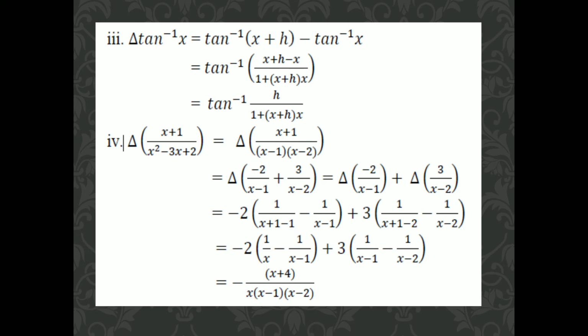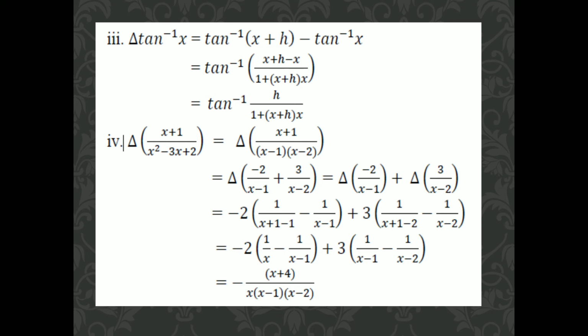By using this formula, we derive the second step for the third example. So its final solution is tan inverse of: x minus x becomes cancelled in the numerator, we get only the h term divided by 1 plus x into (x plus h).